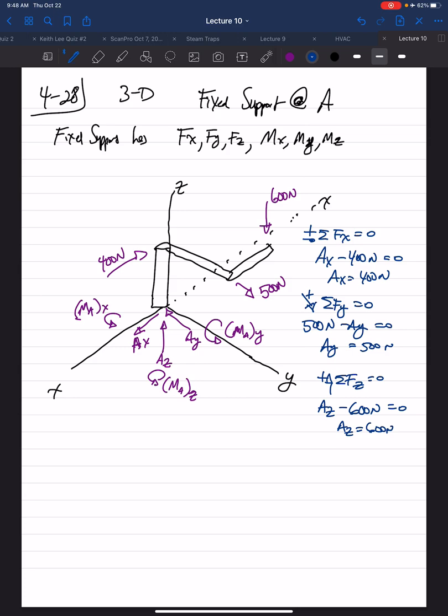Now we have to work the moments. So sum of the moments about the x-axis, so we have to start with what's given.